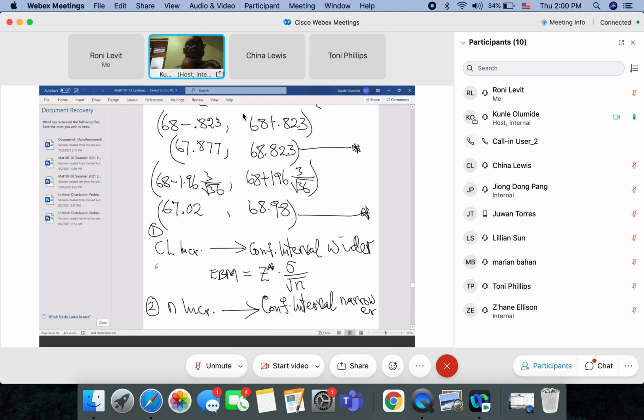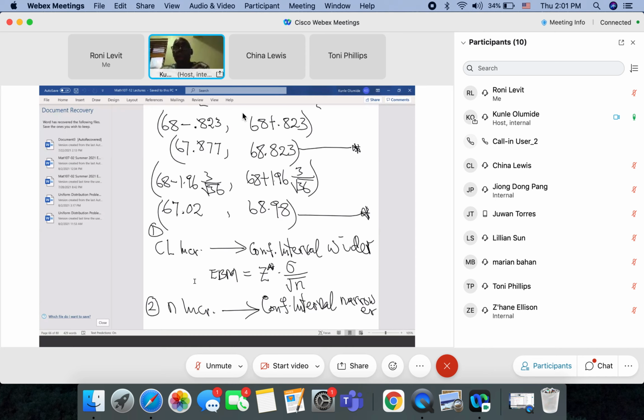And then I also posed a conceptual or theoretical question: what is the relationship between the confidence level and the confidence interval? Meaning, when the confidence level increases, what will be the effect of that on the confidence interval? As I explained yesterday, they move in the same direction.